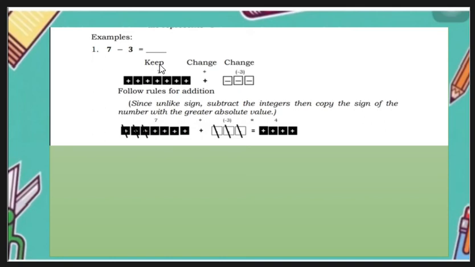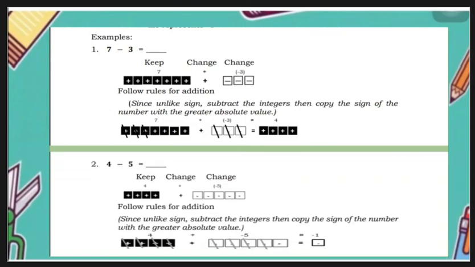Then keep, change. So there are 7 positives, 1, 2, 3, 4, 5, 6, 7, plus 3 negatives, 1, 2, 3. Therefore, follow the rules for addition. Since unlike signs, subtract the integers, then copy the sign of the number with the greater absolute value. Therefore, 7 minus 3 is equal to 4.